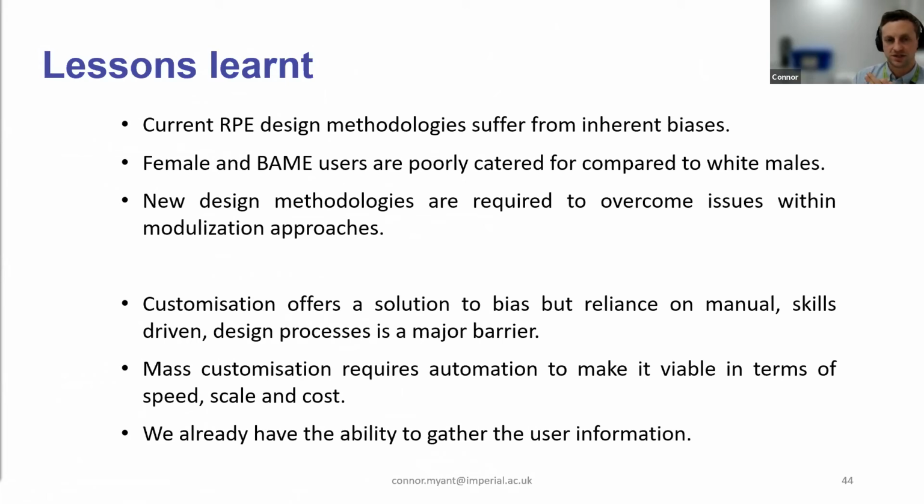And in order to get to a mass customization process where you can offer that tailor-fitted product to every individual, it's got to be automated, so that it can be viable in terms of speed, scale, and cost to things like the healthcare services.